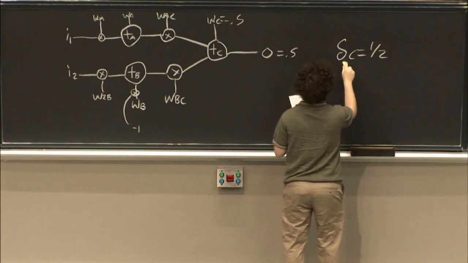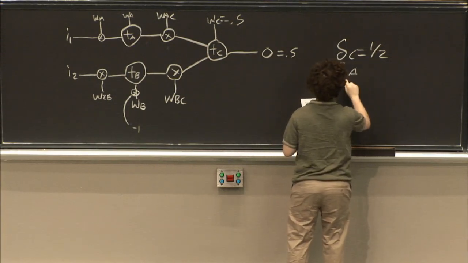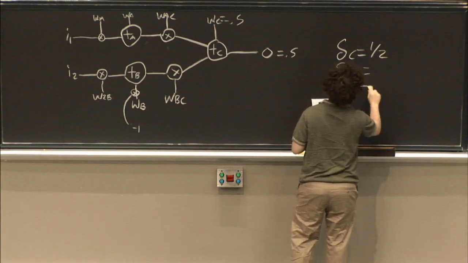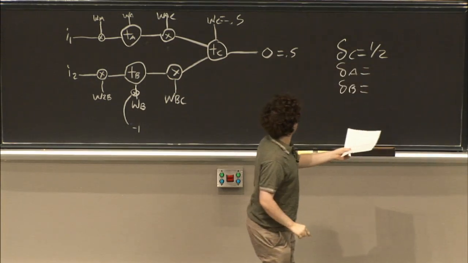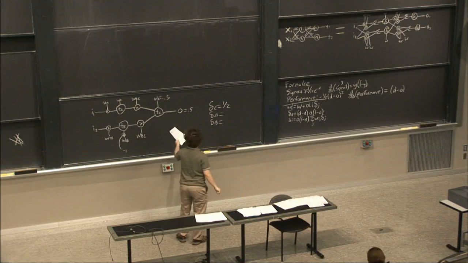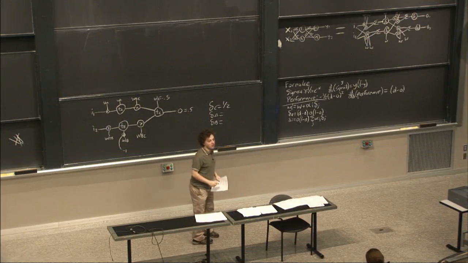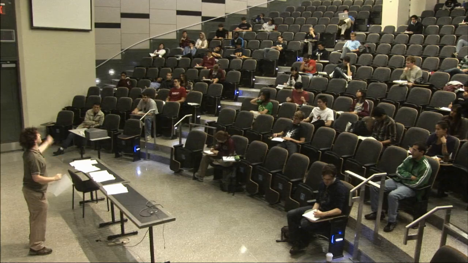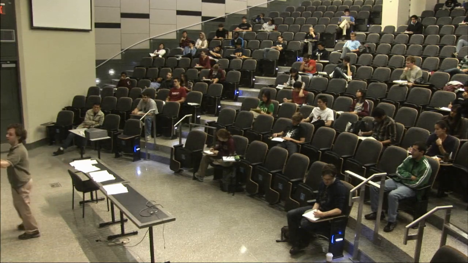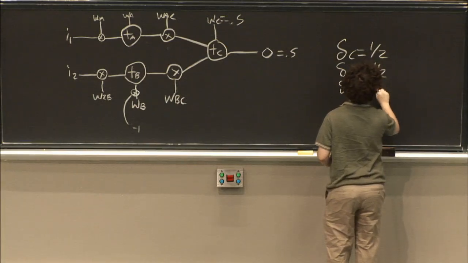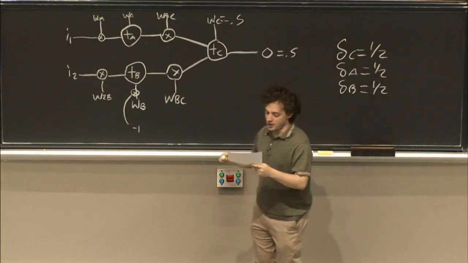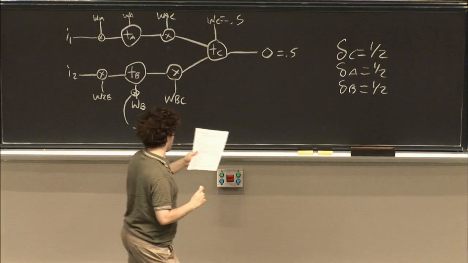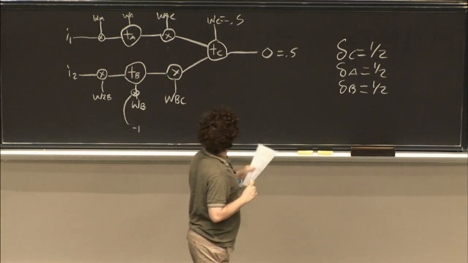And we know that delta A and delta B are just WAC times delta C and WBC times delta C. So they are also 1/2 because all the weights were 1. Easy street. Okay. All the deltas are 1/2 and all but a few of the weights are 1.